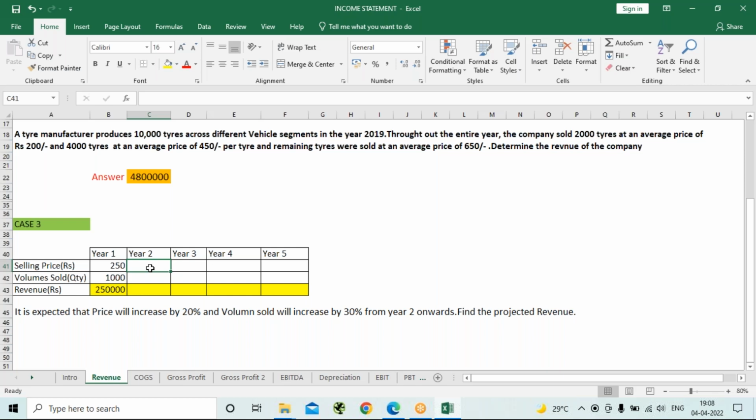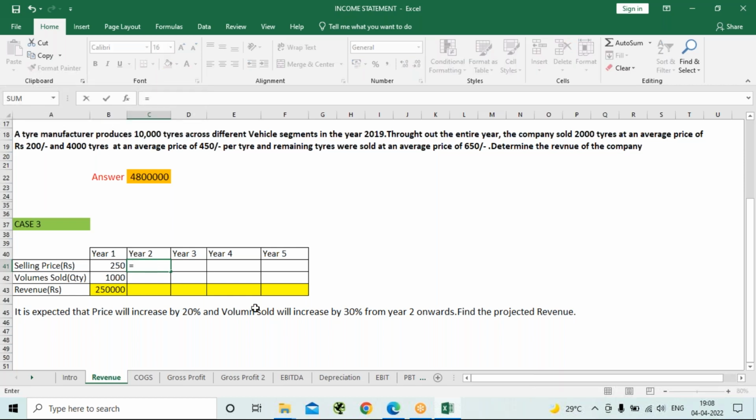Instead of using the calculator and doing manual calculation, we discussed earlier, when we were doing the calculations in advanced Excel, how to increase the value. I'll show you once and then you try to implement the second one.